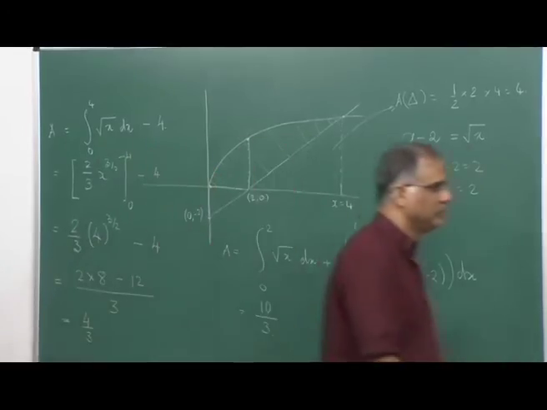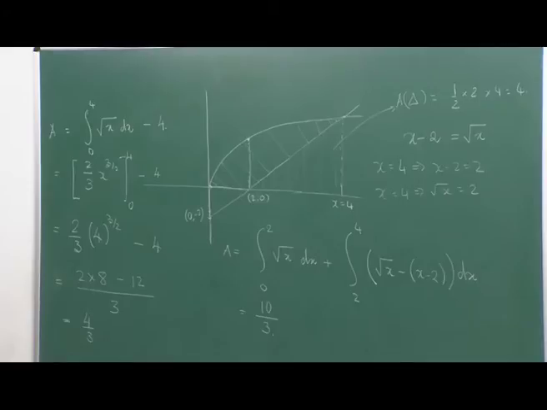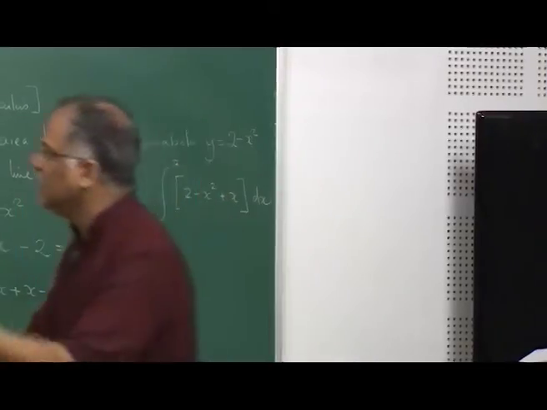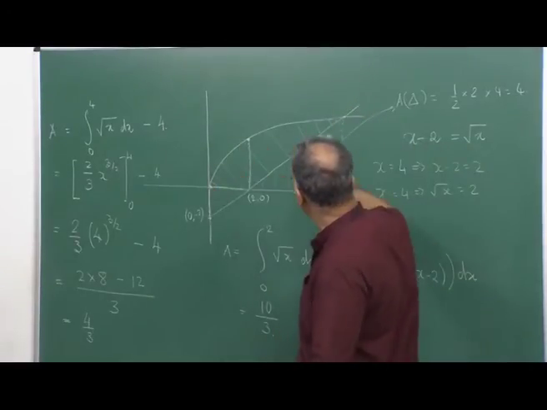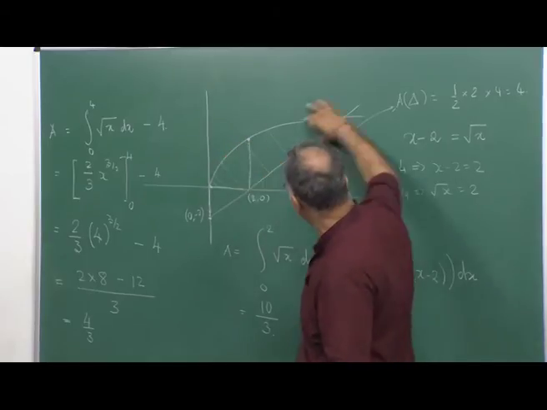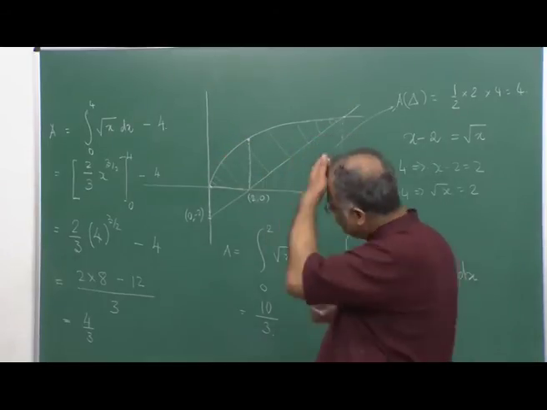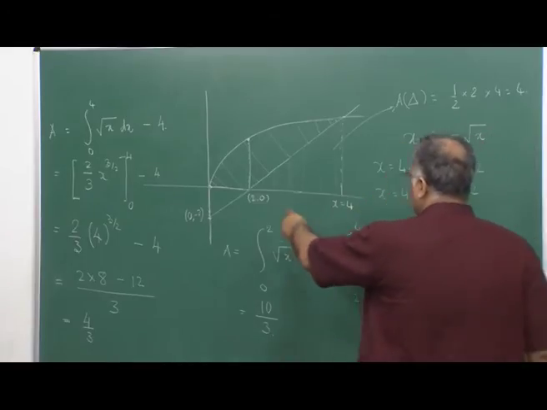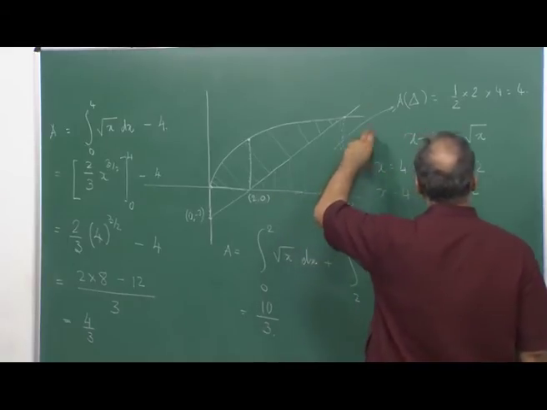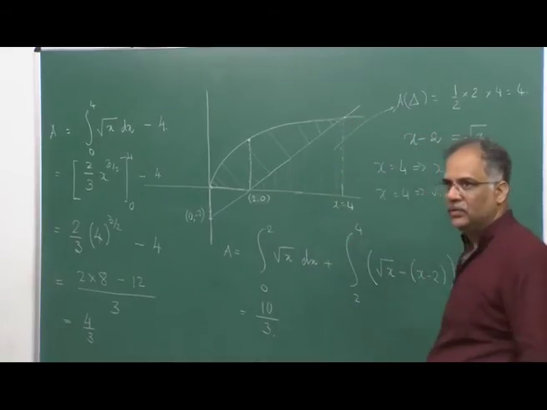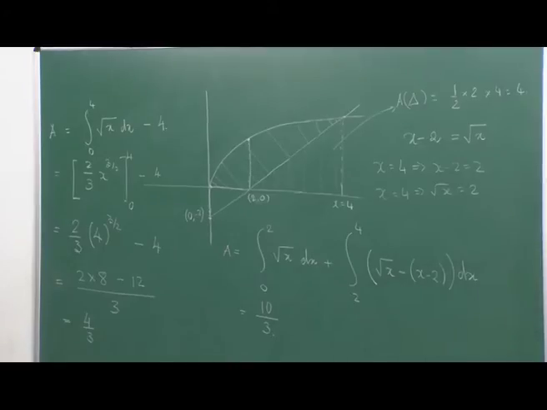The answer should match. Is there any mistake here? Because that is a natural thing: I just have a triangle here, so I take this triangle out from the whole area under the curve, and only this part remains. That is what we require. The triangle's base is 2 and the other side is 4, so 4 into 2 is 8, half of that is 4.